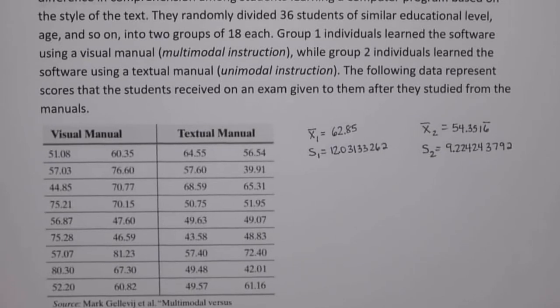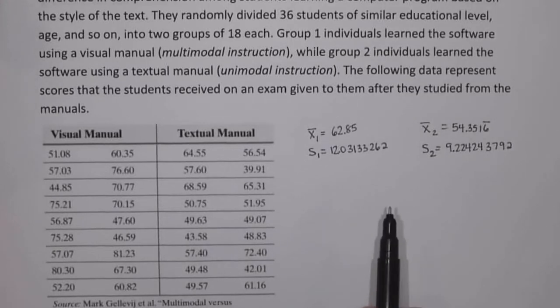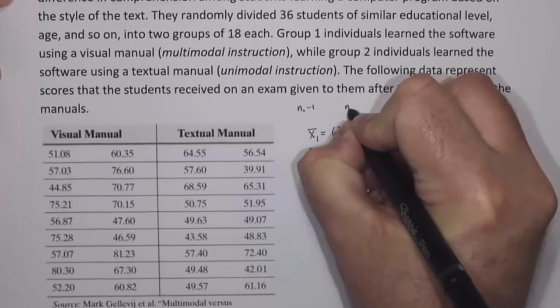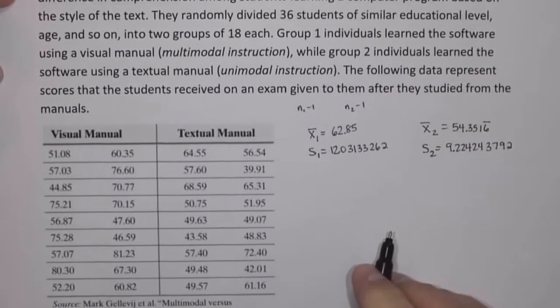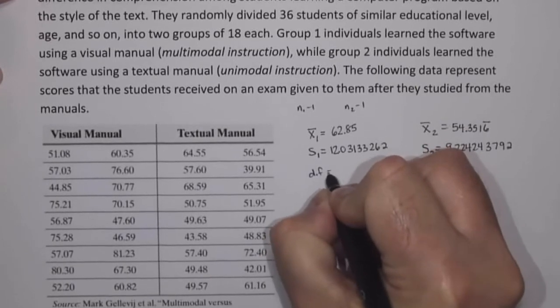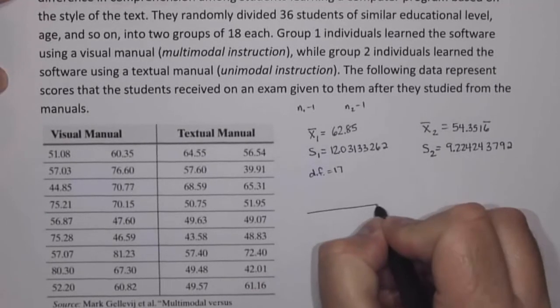Now we're wanting to construct a 95% confidence interval. And so in order to do that, we're going to use the t-distribution with the lesser of n1 minus 1 or n2 minus 1 degrees of freedom. Now in this case, both of our sample sizes are 18, so 18 minus 1 is 17, so we're going to have 17 degrees of freedom that we're going to use for this t-distribution.